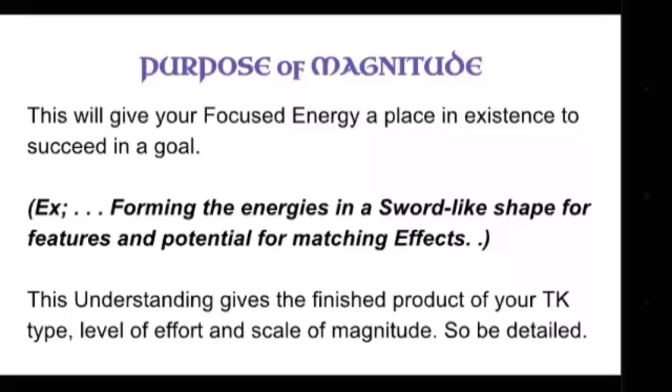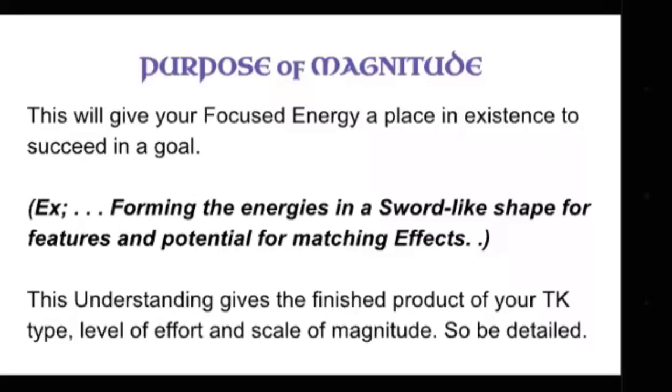Stating the purpose of magnitude is pretty much the finished product of everything you just stated, with the type of focus you use, the power of your focus, what was the other one? I forgot already. The magnitude of power, and now you're stating the purpose of the magnitude, so be detailed. And this also goes into the next one, so let's get ready for that one.